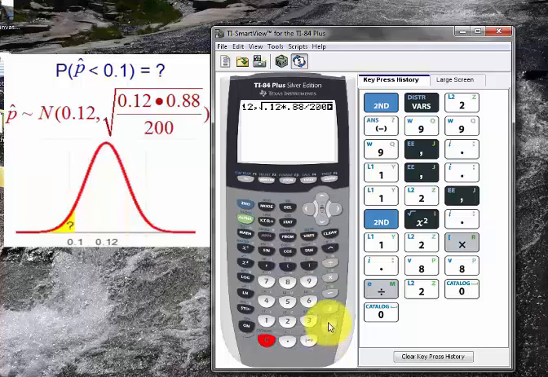And I hit enter. And I get about 19% chance. So there's about 19% chance that if I choose 200 Americans at random, that fewer than 10% will be left-handed.